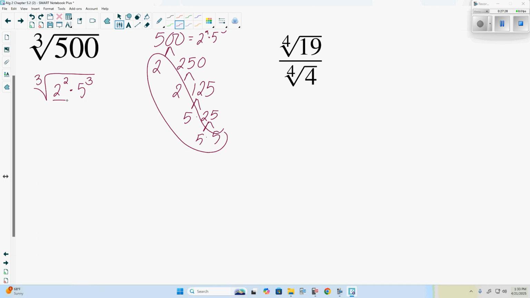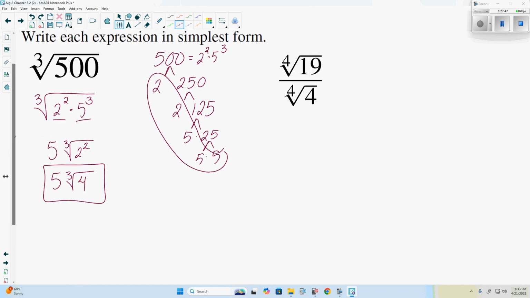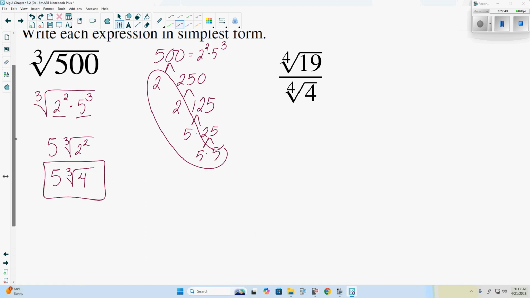Can we take the cubed root of 5 cubed? Yeah. Telling us that we have the 5 cubed roots of 2 squared. Well, 2 squared is 4. So the cubed root of 500 is the same as 5 cubed roots of 4, or 5 times the cubed root of 4.